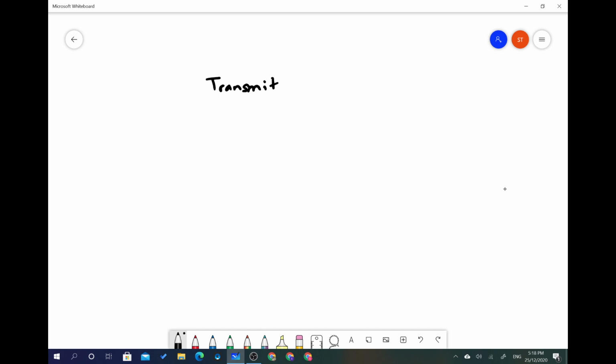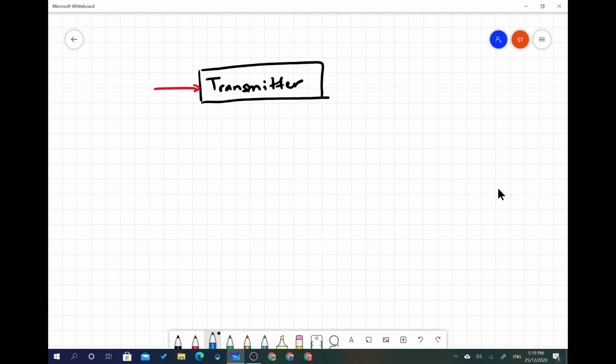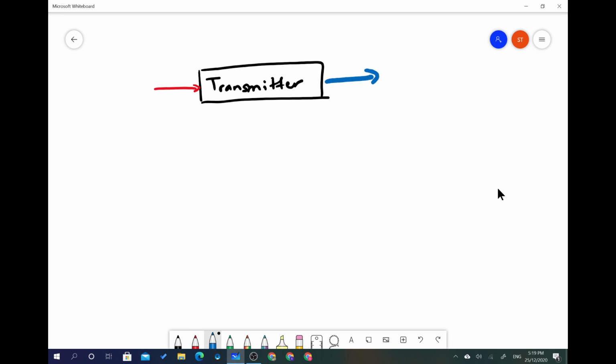As you already watched in the previous video, the transmitter will convert a signal from one form into another form of signal.